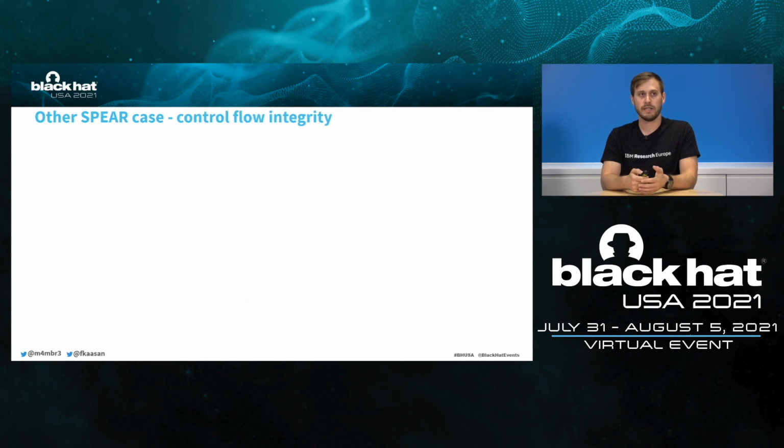The final use case that we looked into during our work was the control flow integrity case that is related to the architectural overwrite of forward edges. In this case, we looked at the implementation of LLVM CFI and GCC VTV.